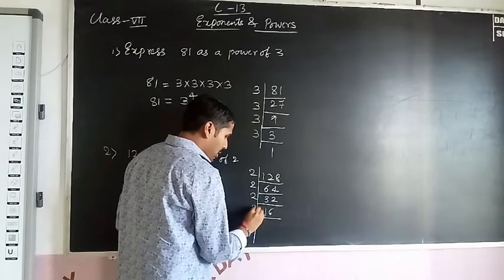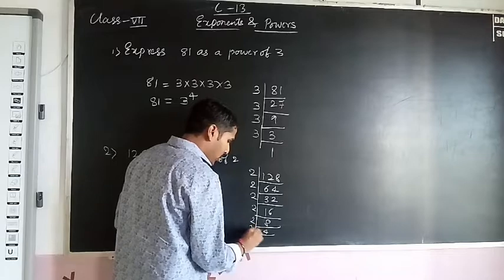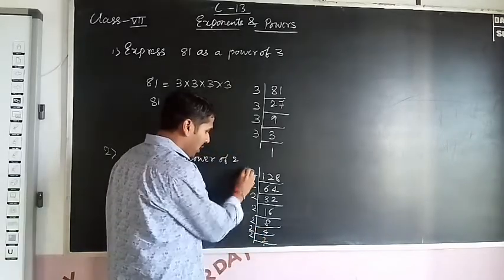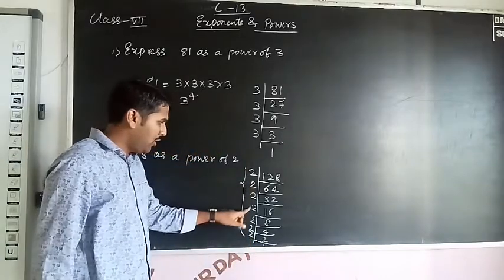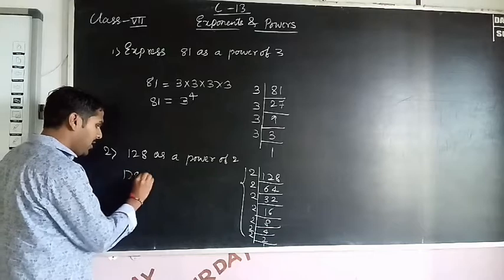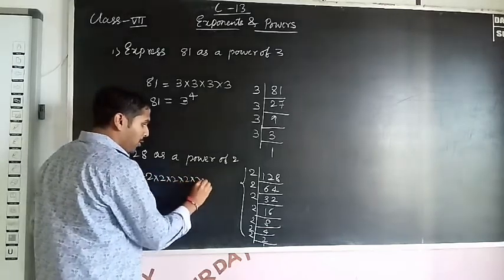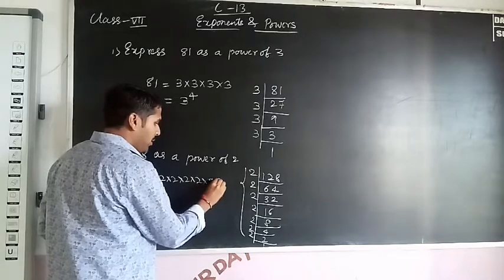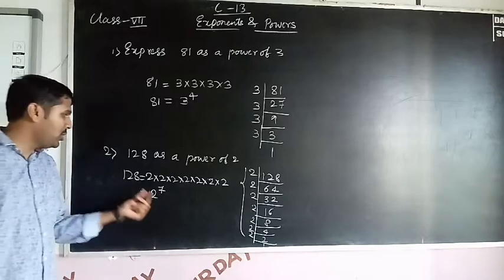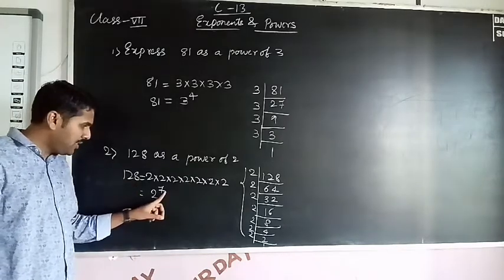So total how many 2s? 1 2 3 4 5 6 7. So we can write 128 as 2 into 2 into 2 into 2 into 2 into 2 into 2. Total how many 2s? 7. So 2 raised to 7. This is the exponential form of 128. The base is 2 and the exponent is 7.